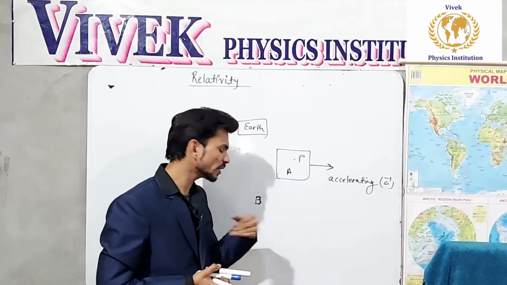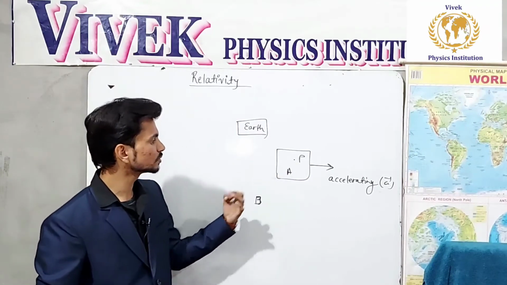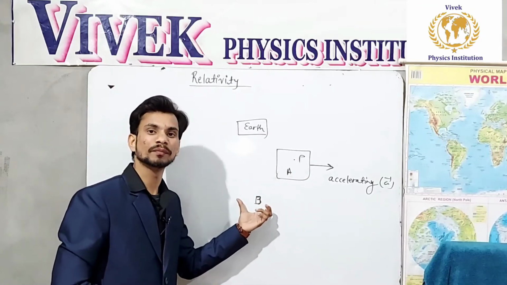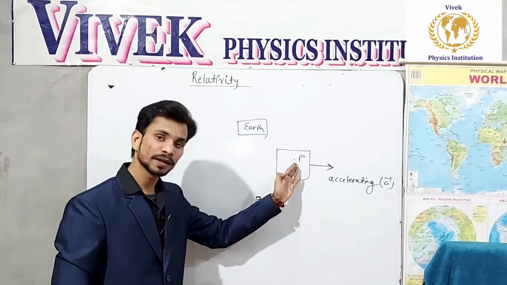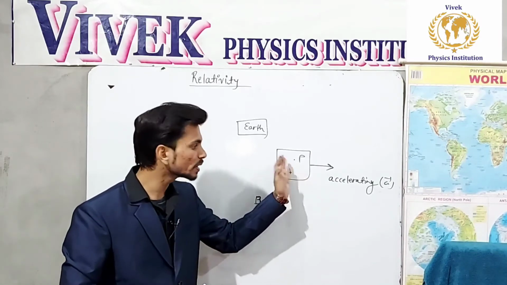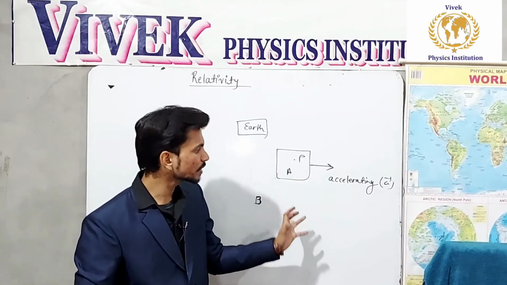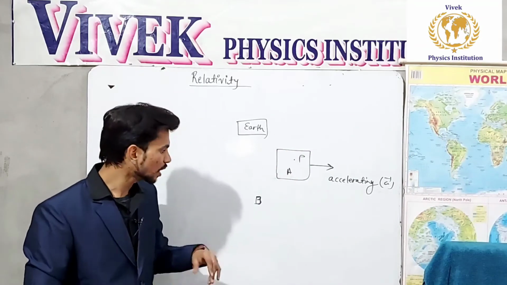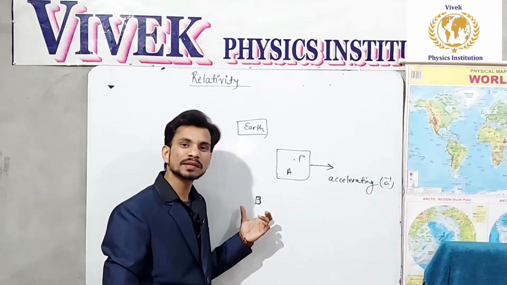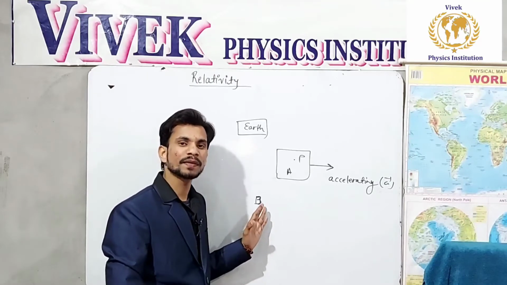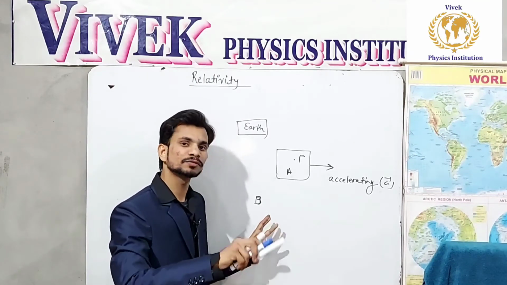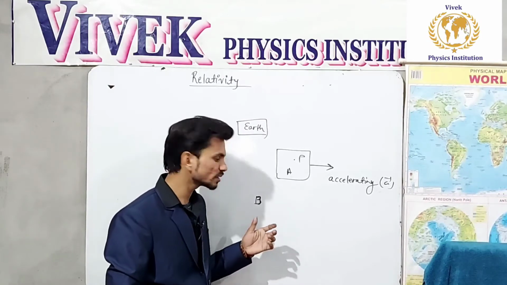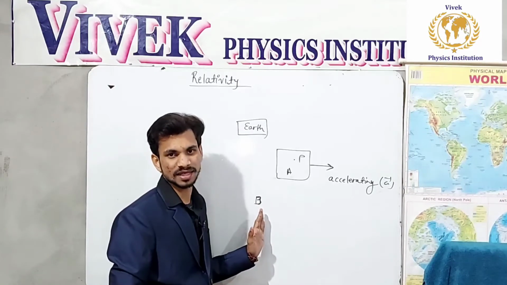Now if you are interested in the acceleration of particle P according to observer B, he will say particle P is also accelerating with the acceleration of this system, A. Now B is in another frame of reference. Let us first ensure where B is exactly.